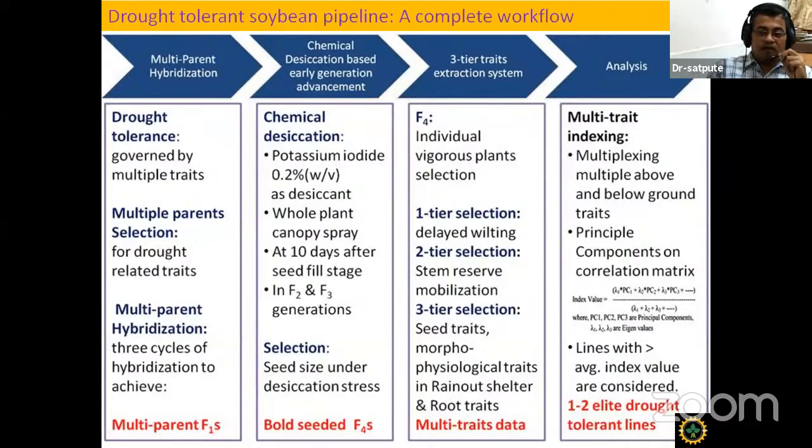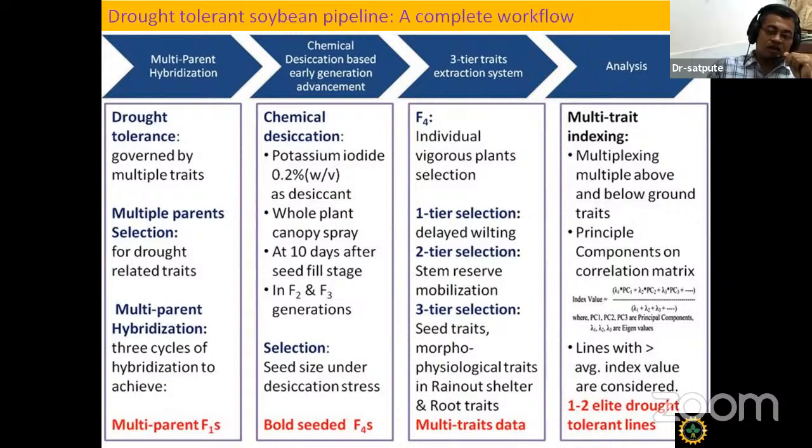Finally, those genotypes which have been identified for delayed wilting, or stem reserve mobilization trait, having combined these two traits or individually, are advanced to the 3rd tier of selection in the rainout shelter, where selections are made for seed traits, morphophysiological traits, and for root traits, as I already explained in the pipes.